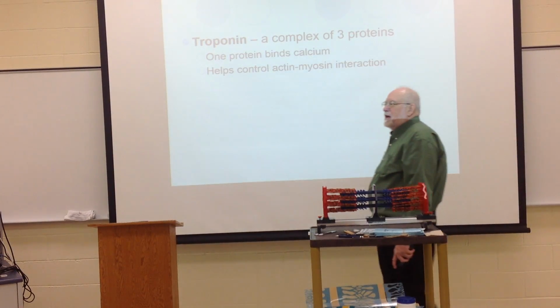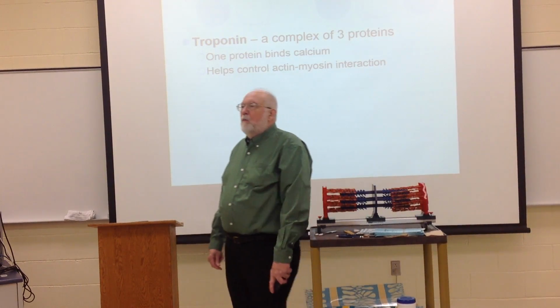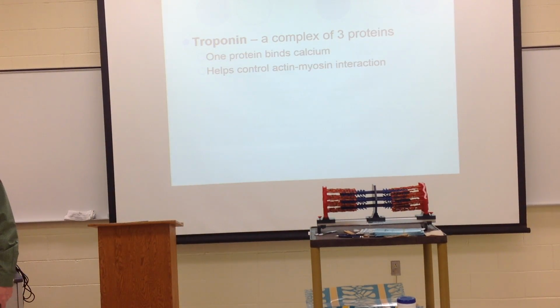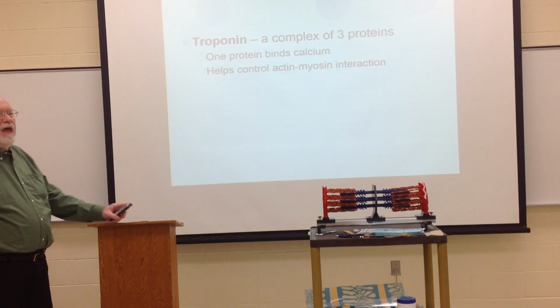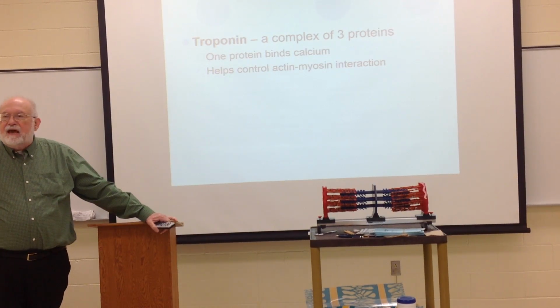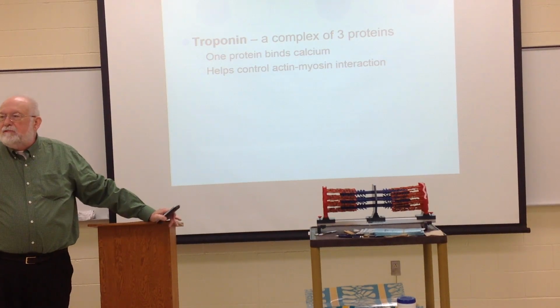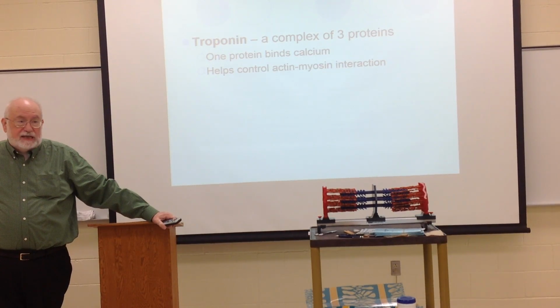Troponin is made of 3 proteins, one of which binds calcium ions. Calcium ions are going to be key here. Because calcium ions come in, they bind to troponin. What does that do to the shape of troponin? Changes it.